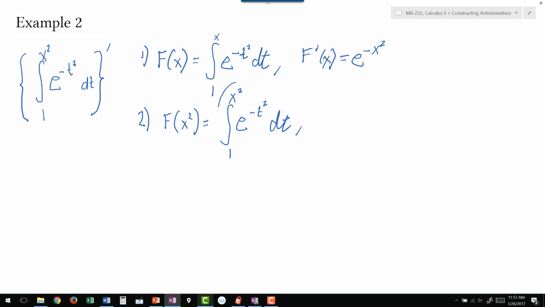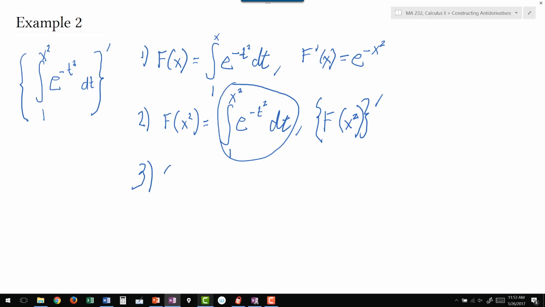When we have to find the derivative of this integral, that's the same as finding the derivative of capital F of x squared. Now I think that makes it a little easier to see that we really do have the chain rule at work.